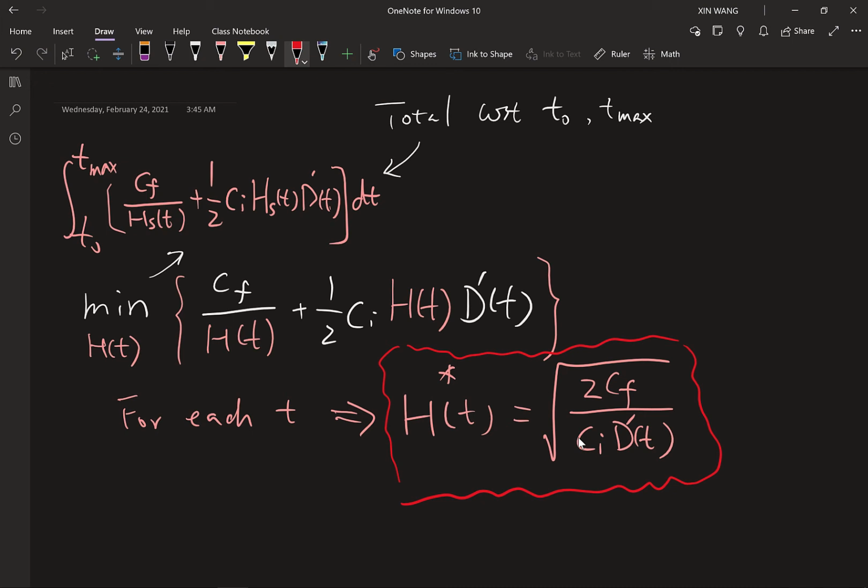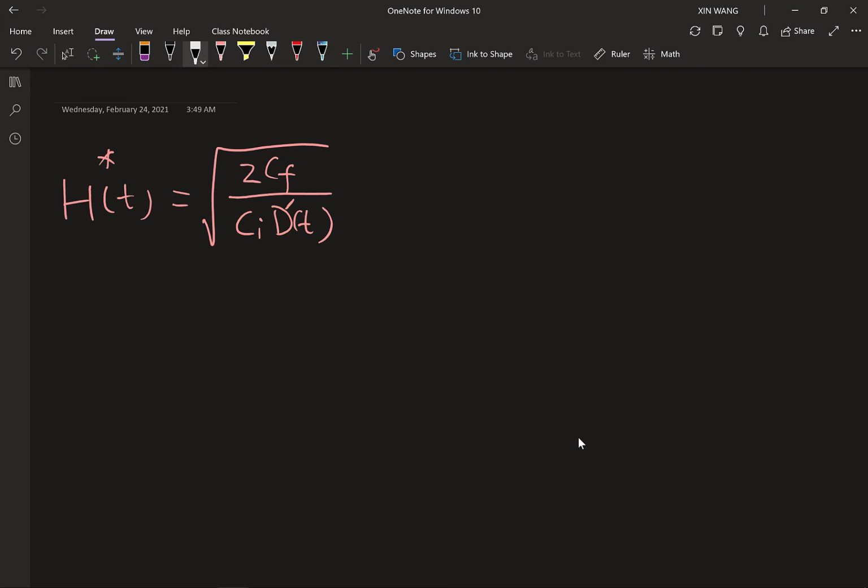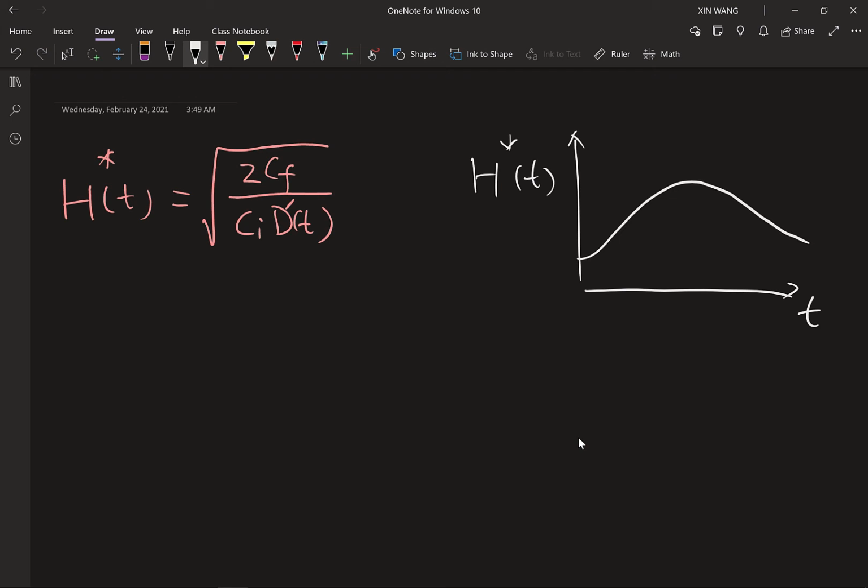But when the demand rate is time varying, your headway function is time varying. We should also note that this demand function is continuous, so our optimum headway function will be something continuous, right? So as the demand rate increases, your optimum headway function increases. As your demand decreases, your optimum headway function decreases.